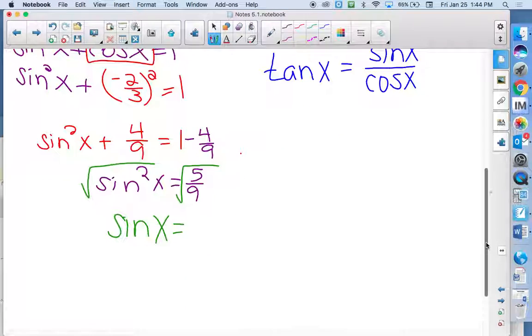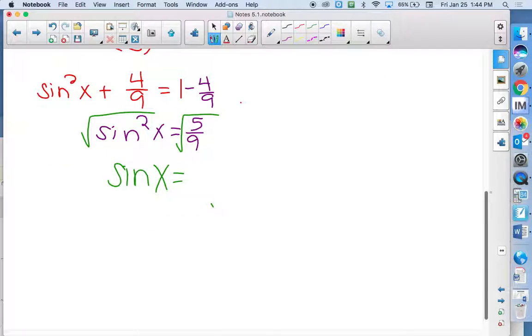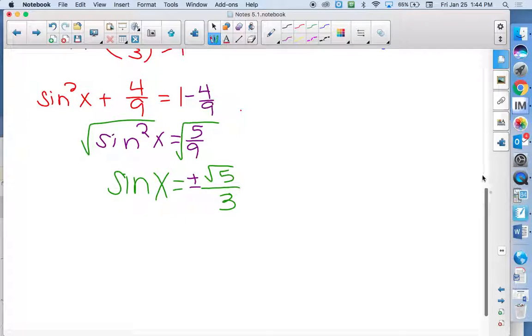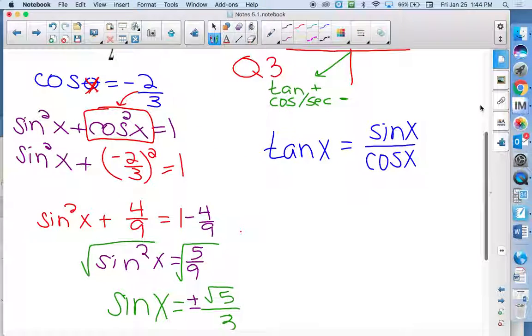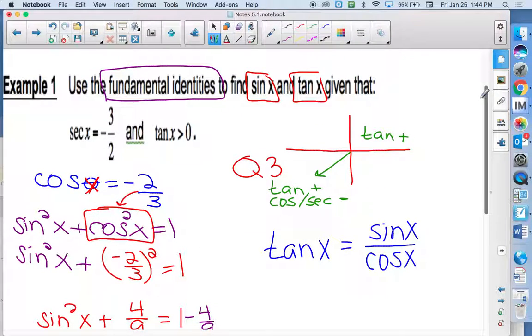When you take the square root of 5/9, you can't take the square root of 5, but we can take the square root of 9. Oh, I didn't take the square root of 9 there. There we go. And Chelsea, every time you take the square root, what goes in front of it? A plus or minus. That plus or minus is actually important because our angle is located in the third quadrant.